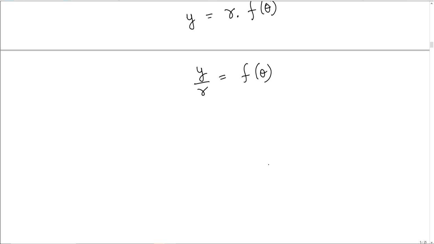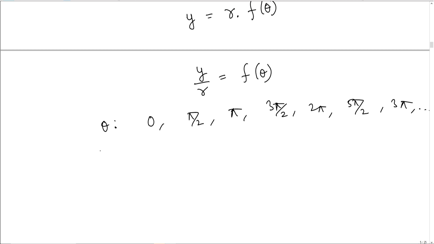So, what would be y by r? What were values of theta? So, let us say 0, pi by 2, pi, 3 pi by 2, 2 pi, what else? 5 pi by 2, 3 pi and so on. And what would be corresponding value of y by r?